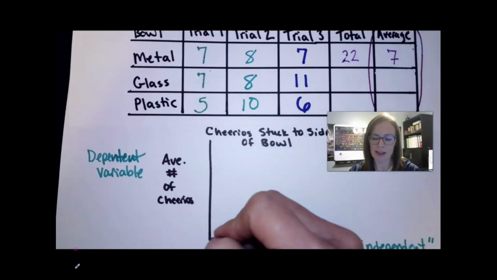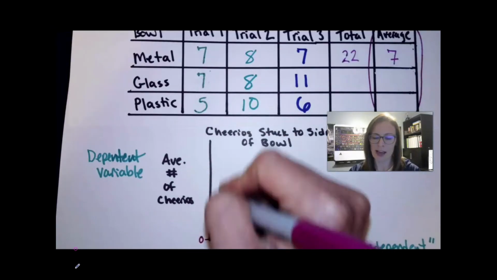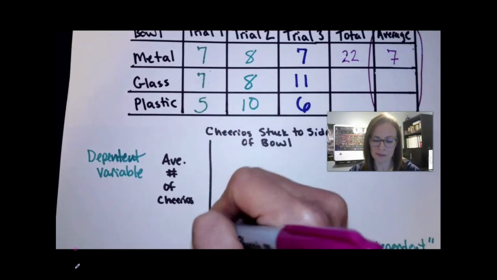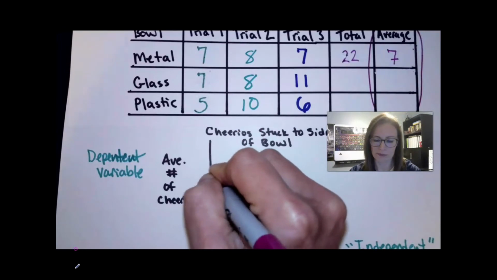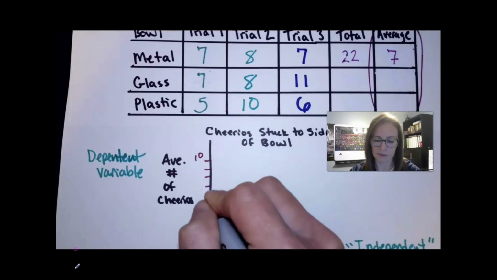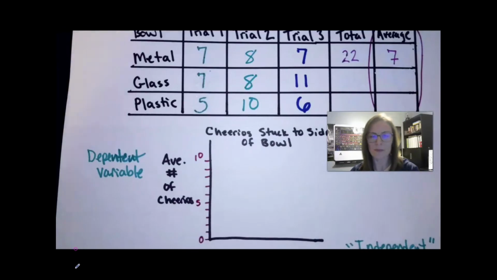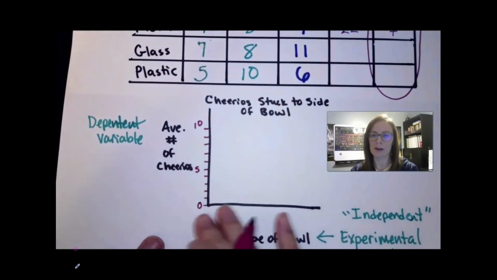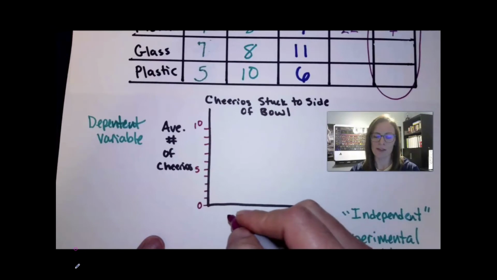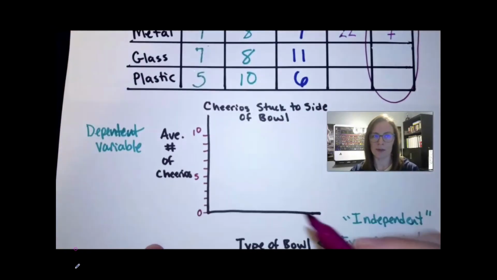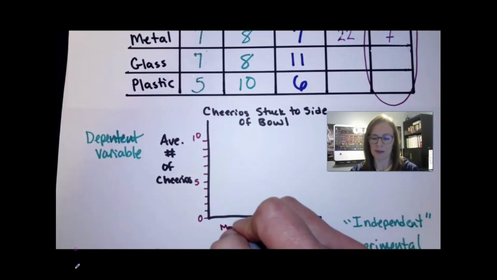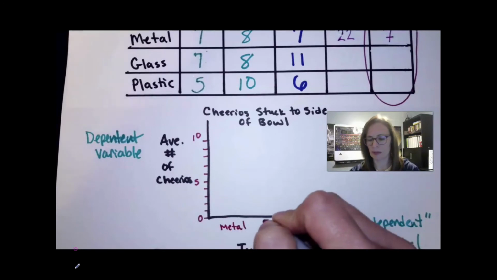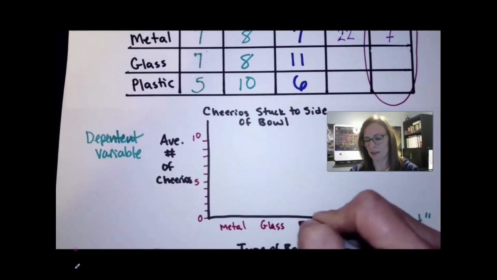So I think it's safe to just number this axis from 0 to 10. All right, so now we have a numbered y-axis, and down here, on a bar graph, we're going to state what the types were that we used. So this will be metal, glass, and plastic.